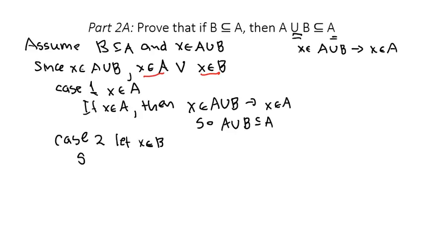Since X is an element of B, and remember we assume that B is a subset of A, we know that X is an element of A, and that is by the definition of subset.